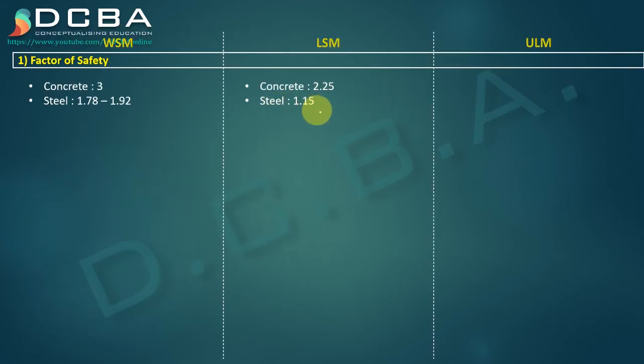For ultimate load method, we saw that it was 2 by 3 FCK, which is basically FCK divided by 1.5. So 1.5 is the factor of safety for concrete in ultimate load method, and 1 is the factor of safety of steel.